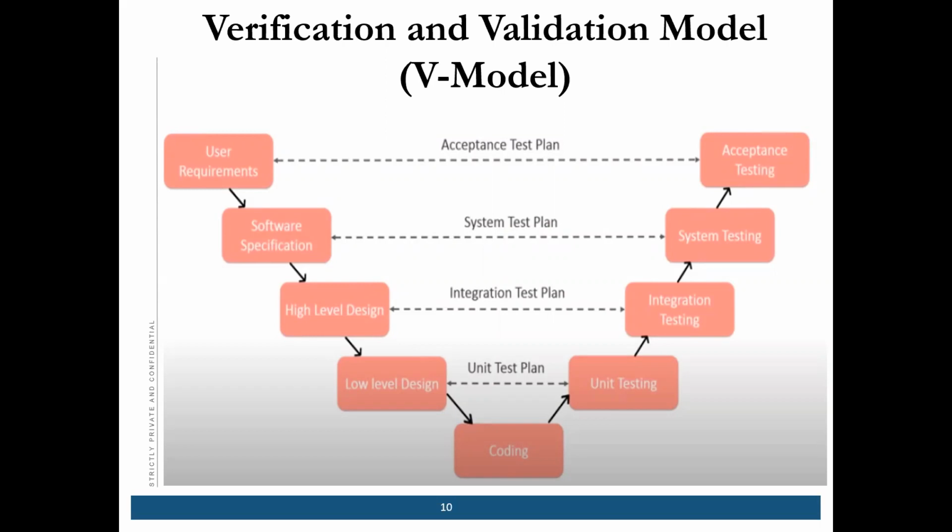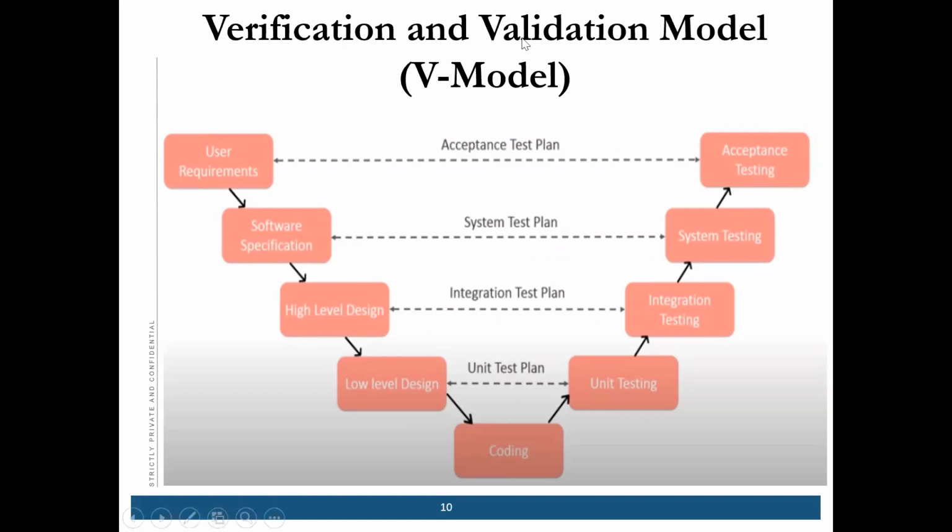Tell me any question. Normally, when it comes to acceptance testing, in general they say UAT, user acceptance testing, that is done at the end, after everything is over. So in this case, when the user requirements are defined, will the acceptance testing be done at that time itself, or how does it work?